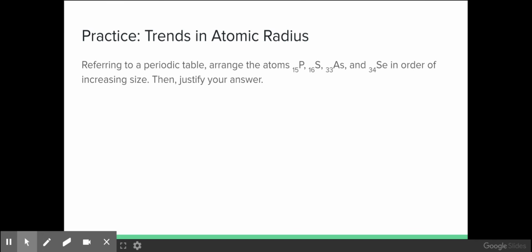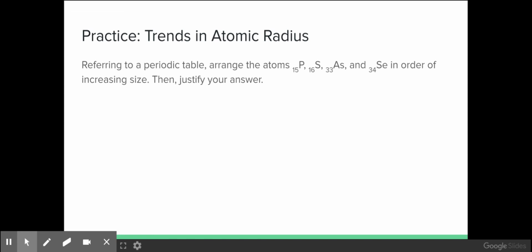That's reason number one. And reason number two is if you go back to Coulomb's law, the distance squared, that's the key, has an inverse relationship with the force of attraction. So if we increase the distance, it's having a bigger mathematical impact on things.